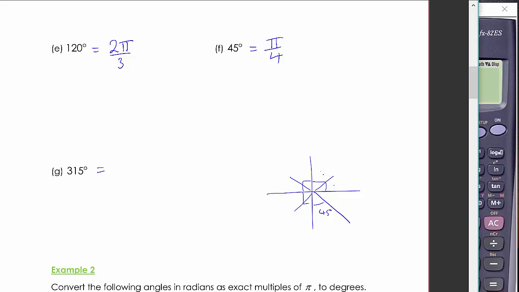So I've got 45, 45, 45, 45, 45, 45, 45. So that is 7 lots of 45 degrees, or 7 lots of pi by 4, which we write as 7 pi by 4. And that makes sense because 8 pi by 4 would bring us back here. 8 pi by 4 would be 2 pi, which is once round.